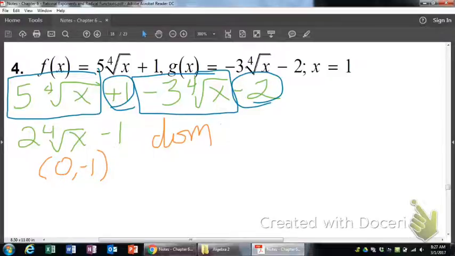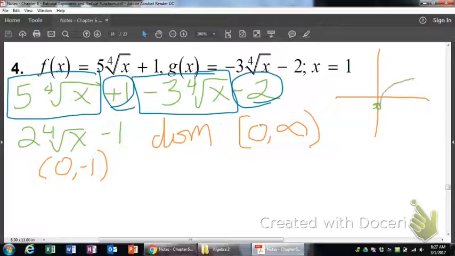I got 0 because there's nothing inside the fourth root of x, and then 1 is subtracted outside of it. So whenever you have the vertex of 0, negative 1, 0 is where your point starts. Sorry about the bell. So that means you start at 0 and you go on to infinity. The graph would look something like this, where you start at 0, negative 1, and you go on forever since it's an even root.